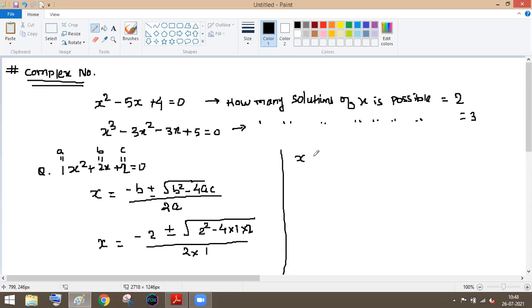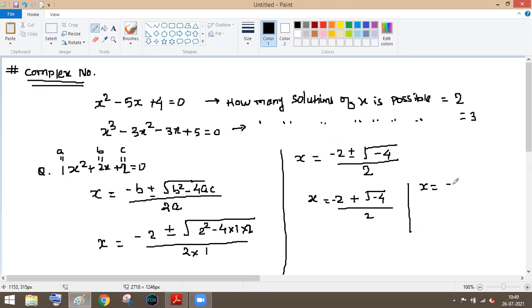Now if you solve this, you will get x equal to minus 2 plus minus root over 4 minus 8, that is minus 4, upon 2. And after that, if I solve this, I can say that we have x equal to minus 2 plus root over minus 4 by 2, and another x equal to minus 2 minus root over minus 4 by 2.